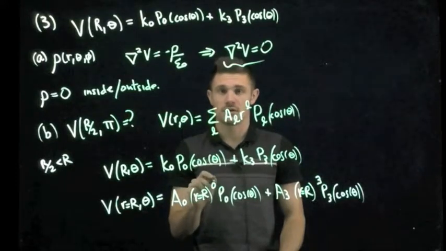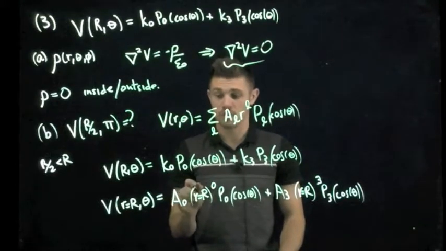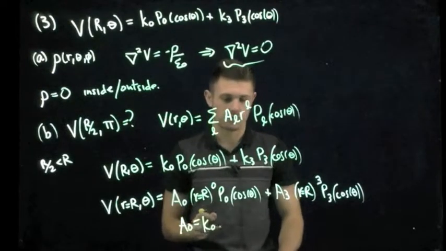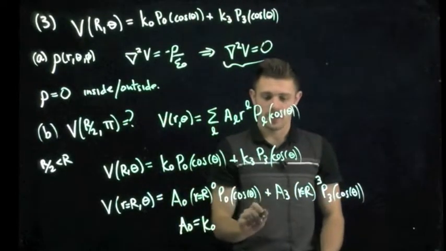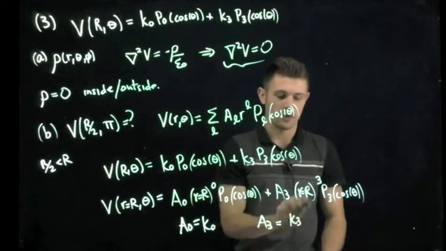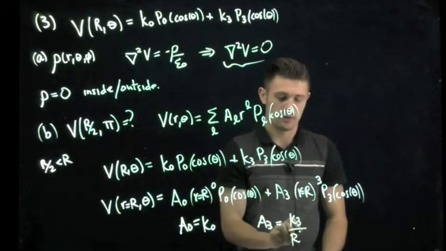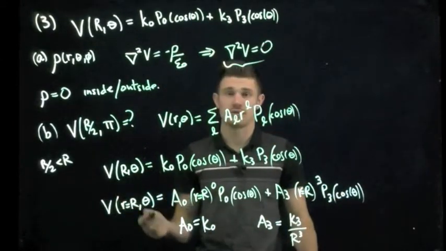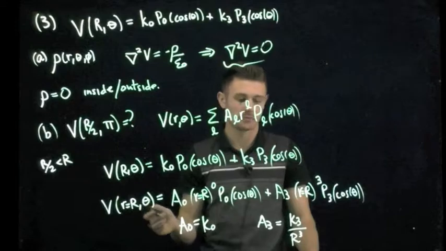This r to the power of 0 term goes to 1, so we just have that a naught is equal to k naught. Similarly over here we have that a3 is given by k sub 3, but now we have this R cubed term, where again it's big capital R because we're evaluating this at the surface, r is equal to R.